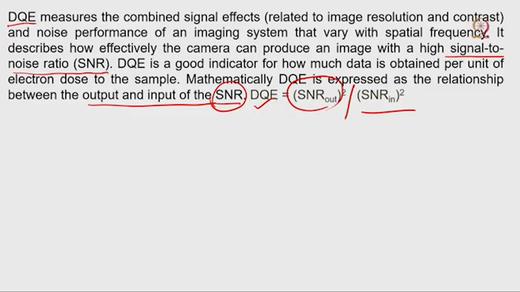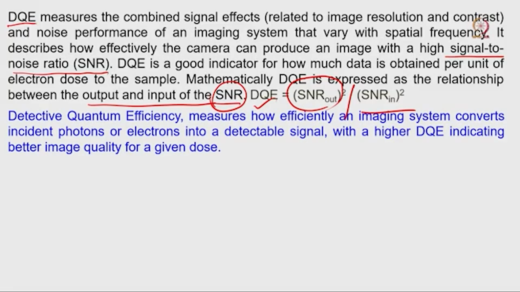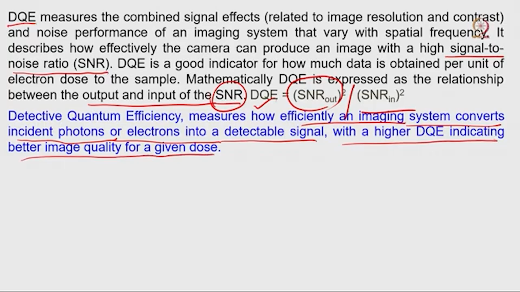So this is the definition of the detective quantum efficiency: it measures how efficiently an imaging system converts the incident photons or electrons into a detectable signal, with a higher DQE indicating better image quality for a given dose, because dose is always limited, and we have to keep that in mind.